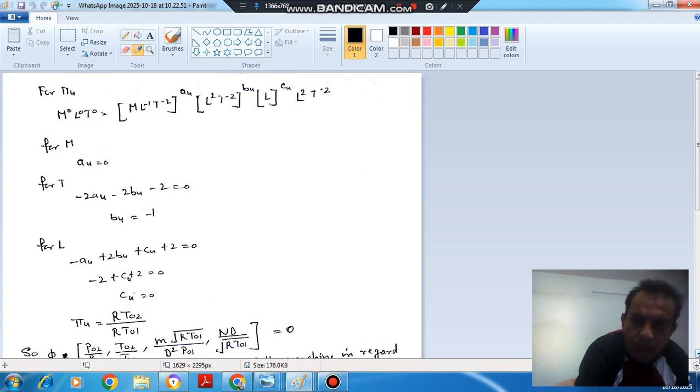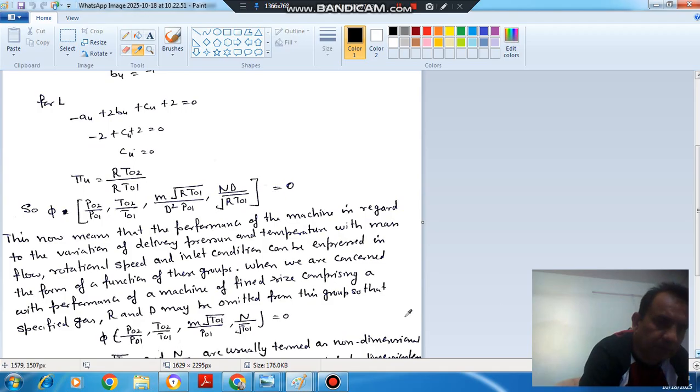So now we have four dimensionless quantities: P02 by P01, RT02 by RT01, m root RT01 by D squared P01, and N D by root RT01.